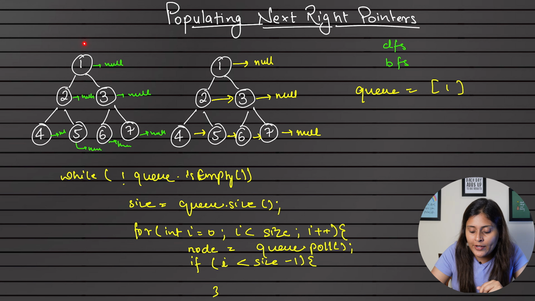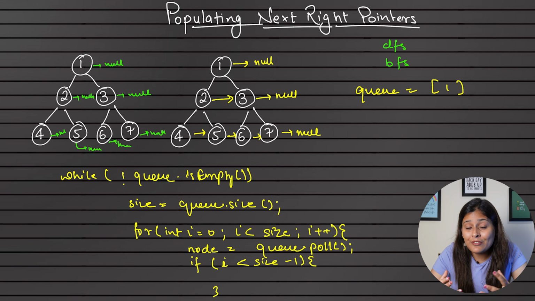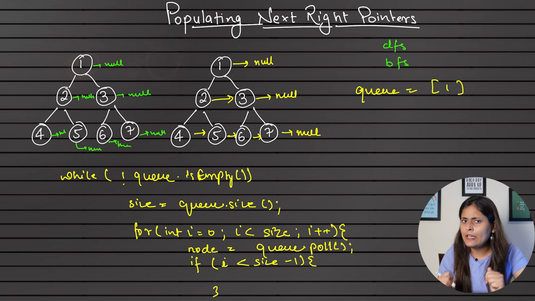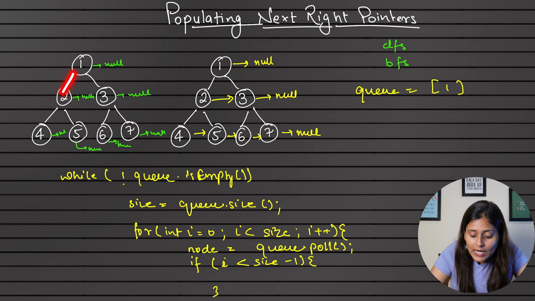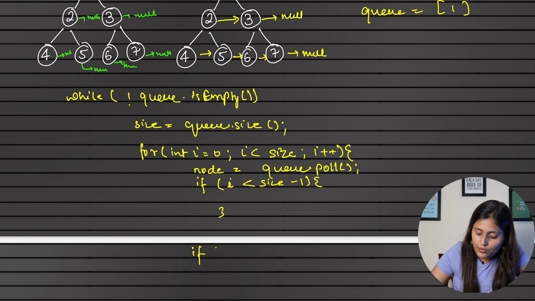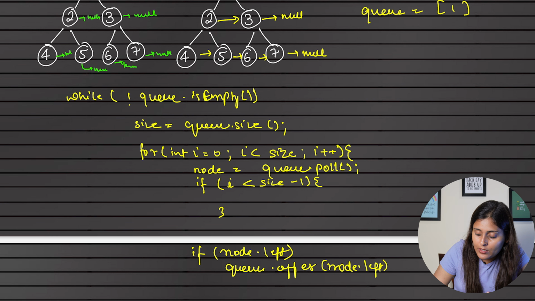Now what is my task? We are done with this node. We were supposed to connect the node's next to the next node if present, but here it was not present. So now our task is to add its children to the queue, correct? So we write: if node dot left child exists, then in the queue offer node dot left.